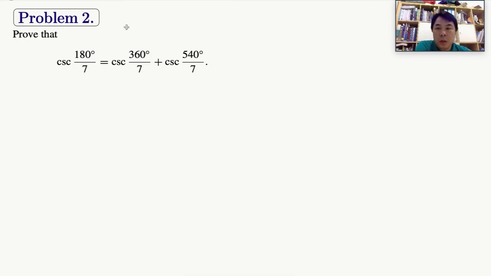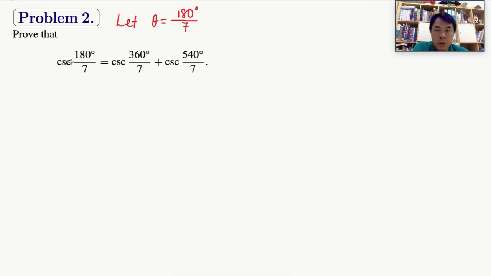To do that, we can let theta equal to 180 degrees divided by 7. Then you will notice that this is 2 times theta, this one will be 3 times theta. Yeah, correct, so this is 3 times theta.